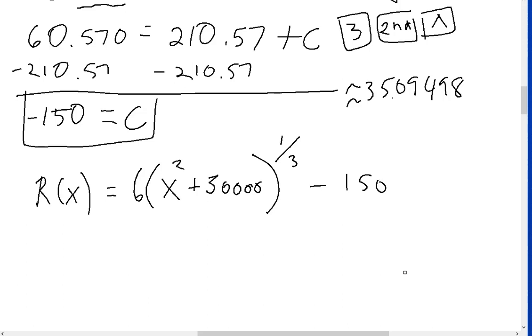All right, so that is the answer to part A. Find the total revenue function rounded to the nearest integer. Well, we waited till the end and we didn't even need to round, but if we had rounded a little here, probably we would have gotten something like minus 149.97, and we would have rounded it to 150.